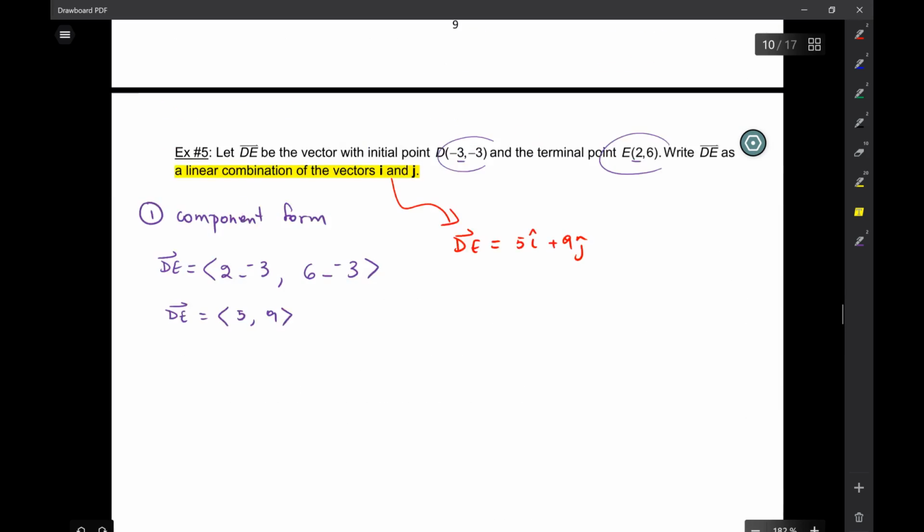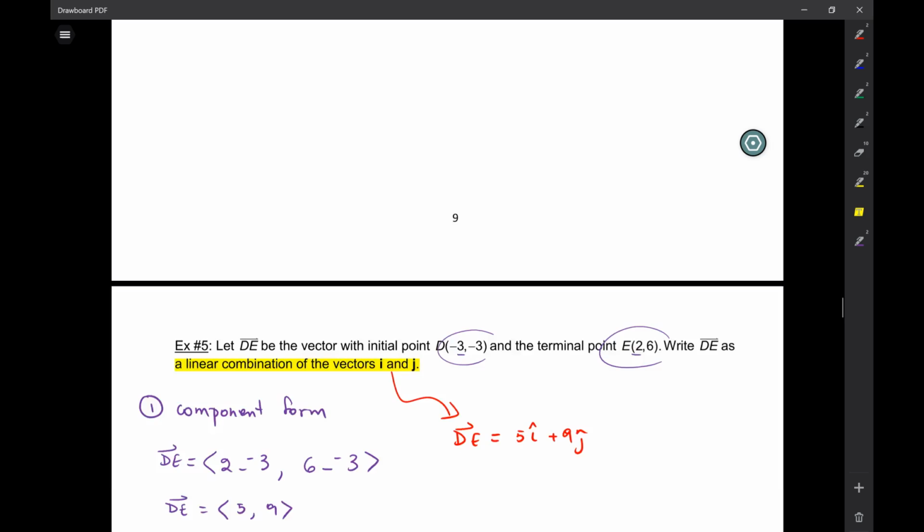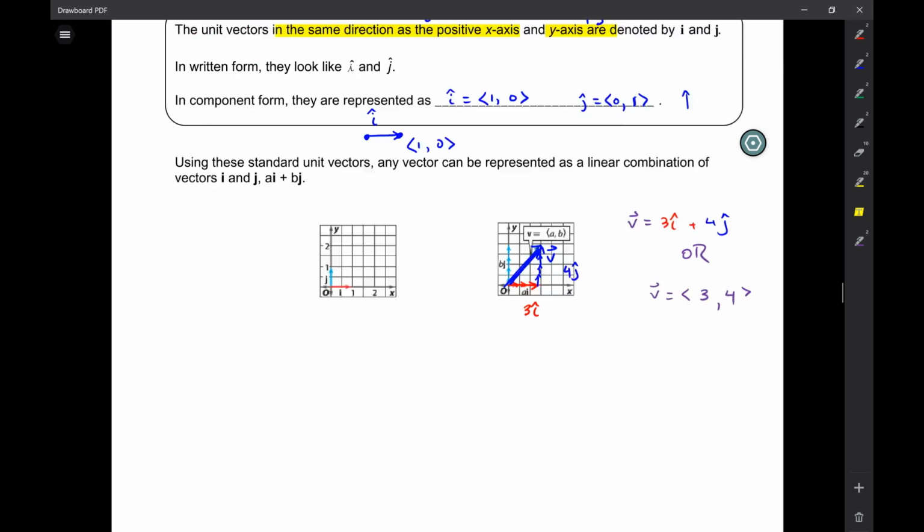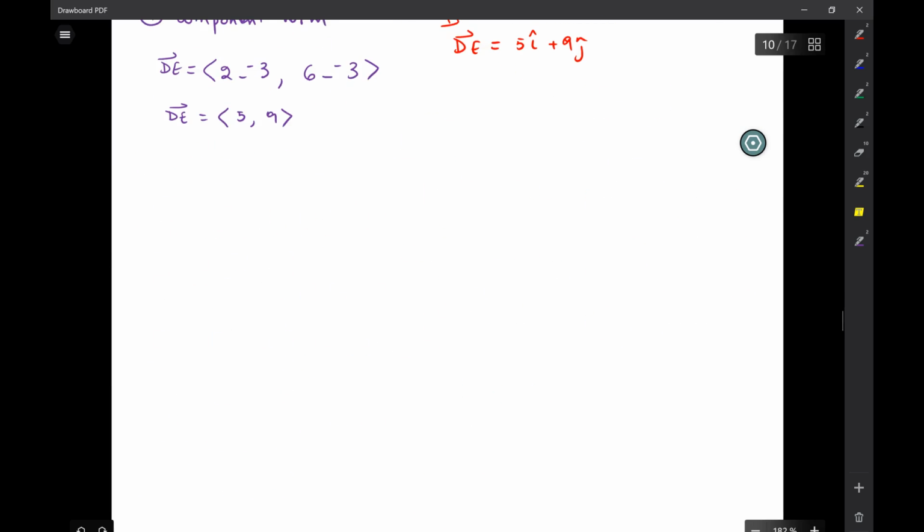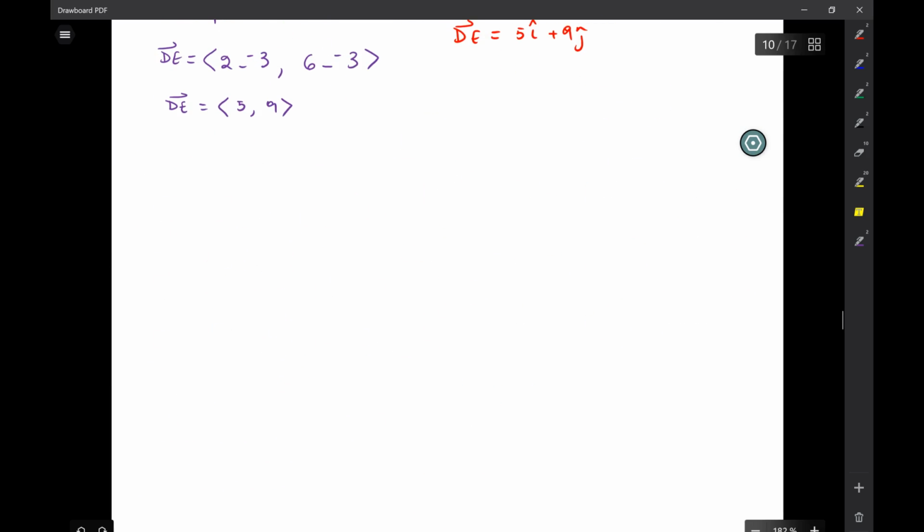Right, so yesterday we talked about component form. If I write a vector v in component form, basically what I have is the x component in here and the y component in here. So that's what we did yesterday.